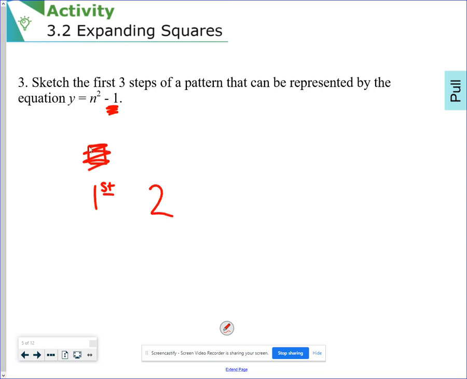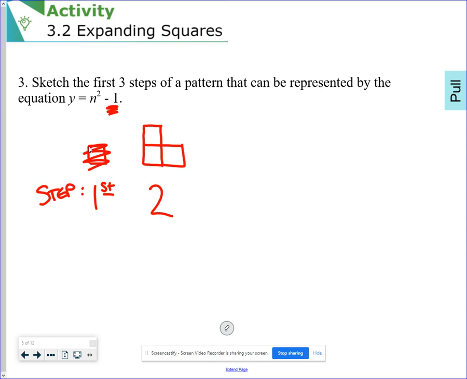In the second step, let me just do this. I would have 2 squared, which would be 4. But it's taking away 1. I'm just going to take away the top right corner on all of these.